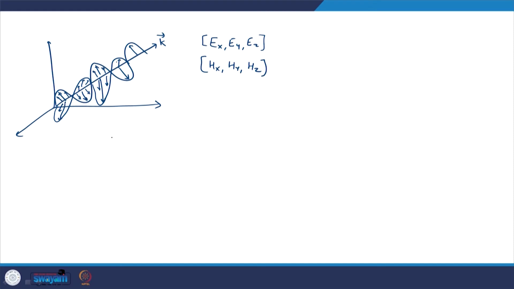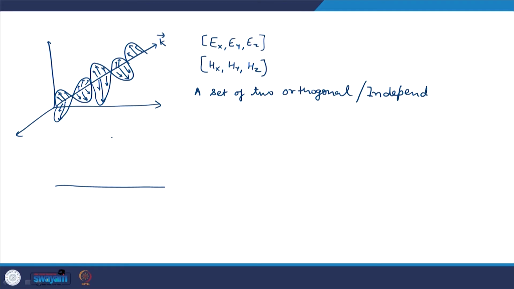So, it becomes very cumbersome to solve the problems of electromagnetism, but what we can do is divide these 6 components into a set of 2 orthogonal, or you can say independent, solutions.